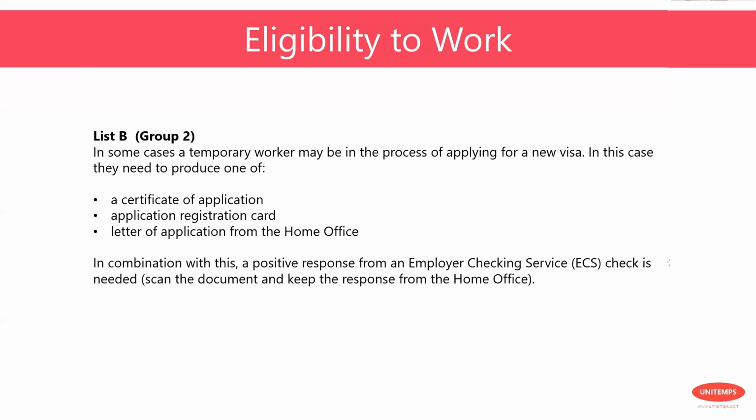This is an online form where you fill in some information about who you are, some information about who the candidate is, and what you're trying to get them to do. It takes about a week to come back, but you should then get a response saying, yes, this candidate can work, or no, this candidate can't. And that is the other part of your right to work checks. You need to wait for that response and keep a record of it.